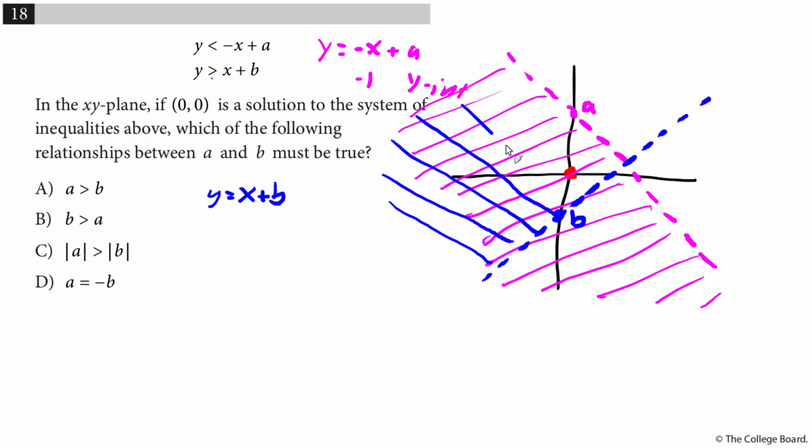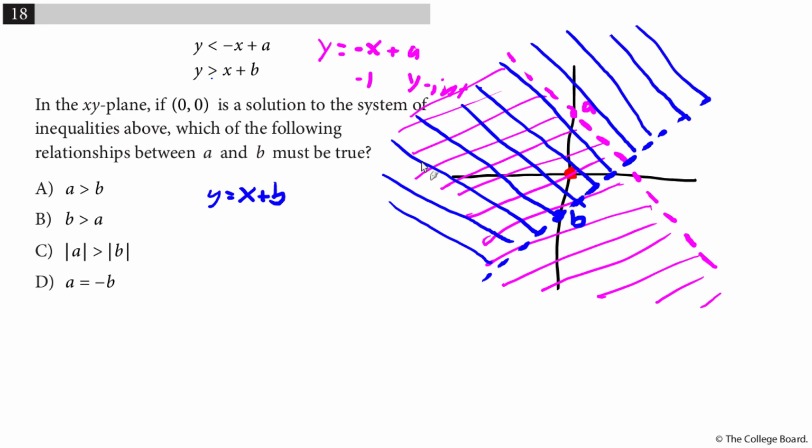And you can see that these inequalities split the plane into 4 regions, and the actual solution space will be this quarter over here, which includes (0, 0).